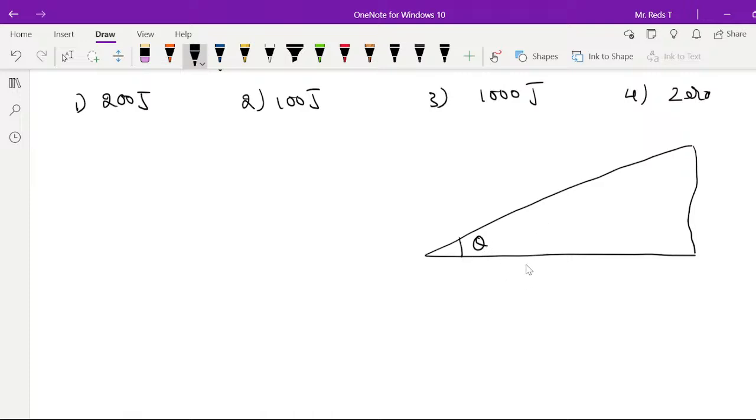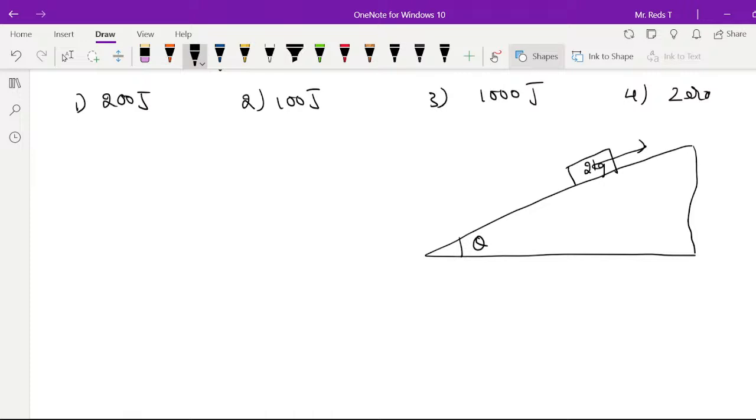There is a block of mass m equal to 2 kg lying on it. Actually, 300 joule of work is done in sliding this up the inclined plane.